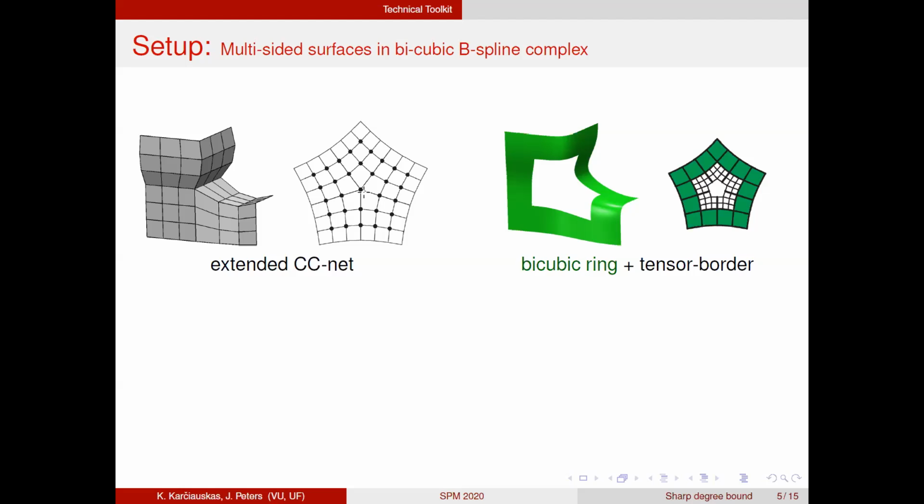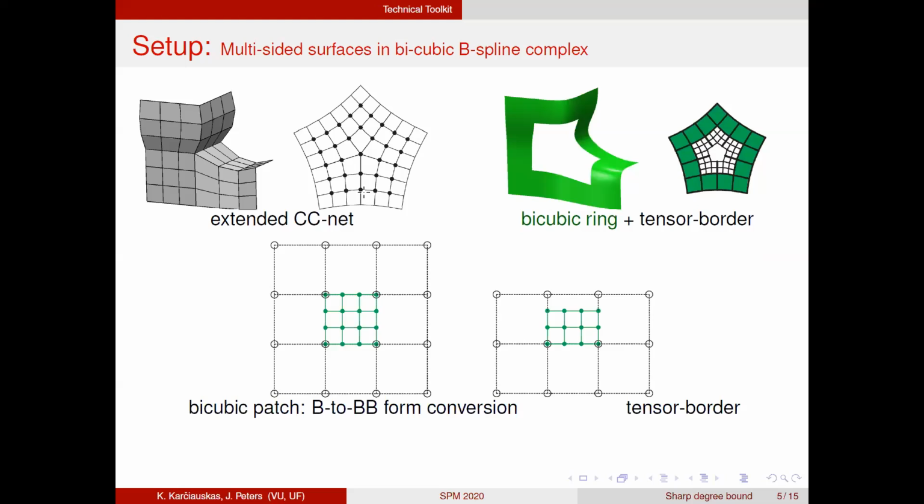To be a bit more precise in detail, if we think of the 4x4 points here as being the B-spline control points, then by some technique called knot insertion, we obtain the Bezier control points, which define a single polynomial piece. And so as we compute these single polynomial pieces for one quadrilateral at a time, we sweep out this bicubic ring.